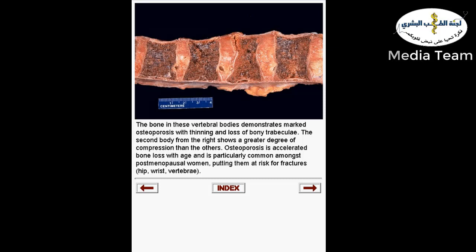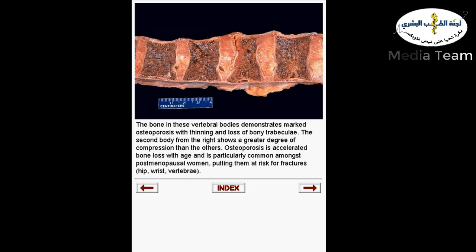Why? Because after menopause, they lose their estrogen production and have a low estrogen level. The estrogen is very important for the osteoblastic activity and for bone production. And this loss will lead to osteoporosis and weakness in their bones.